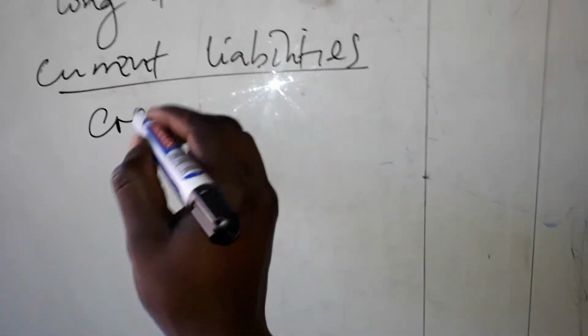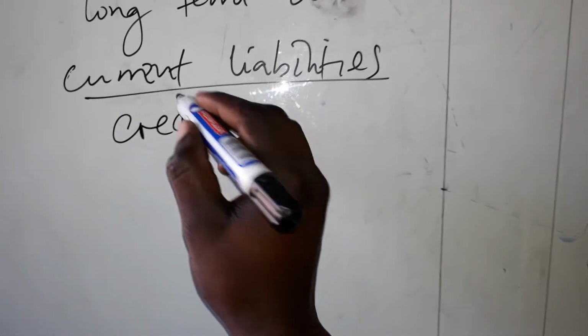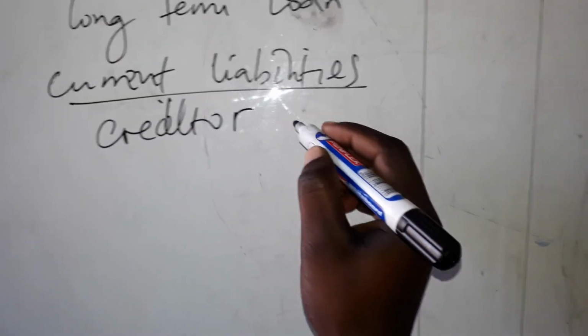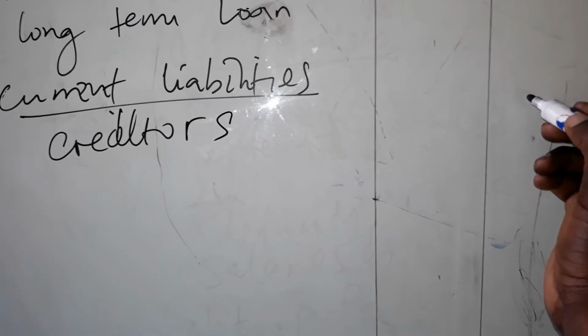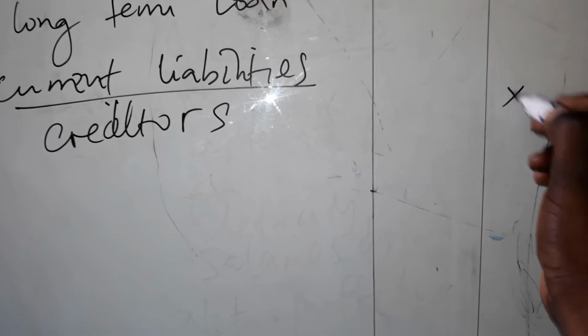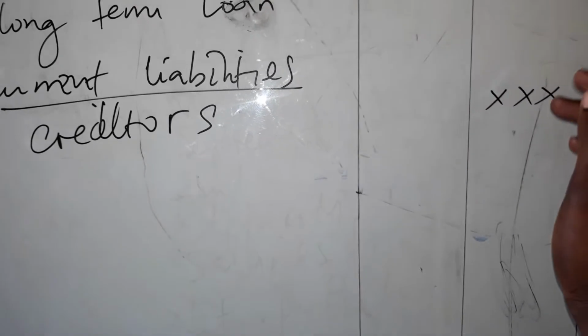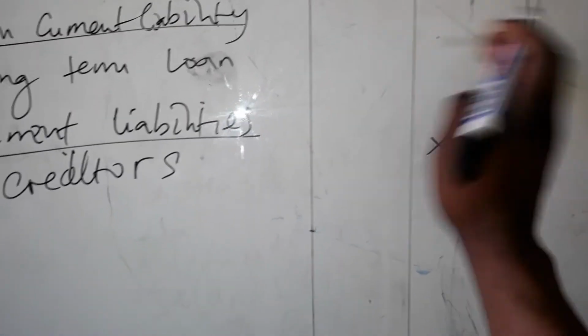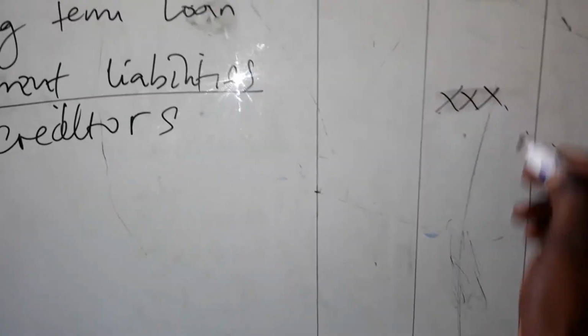We've got creditors. Let's put the amount here. Right. This long-term loan amount, we can just put these figures in the final column. Even for the creditors, let me put it here.